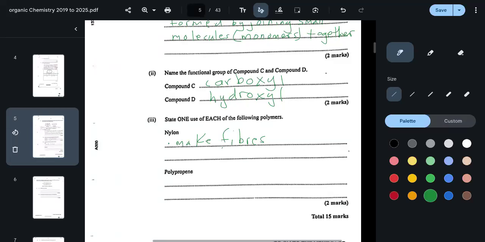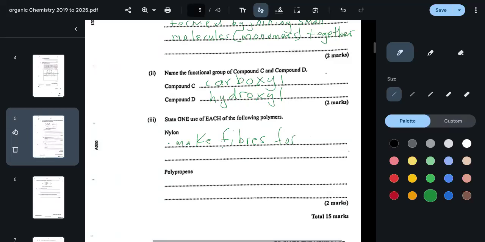So with nylon and polyester, the go-to is for clothing. Right, so if you don't remember anything, clothing is a sure answer. But outside of clothing, they make fibers for carpets.